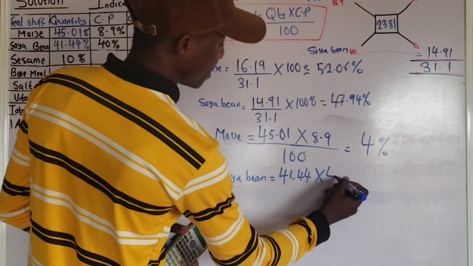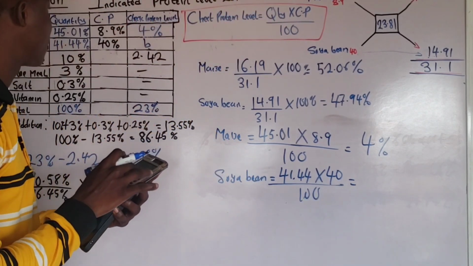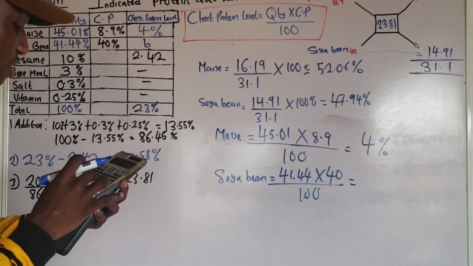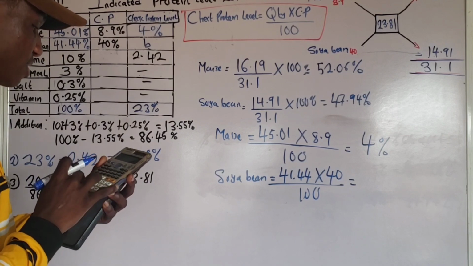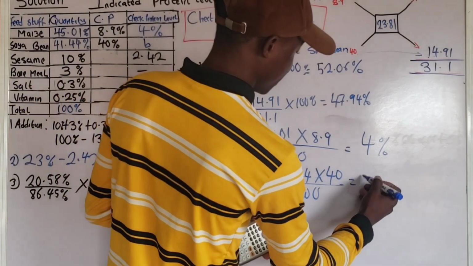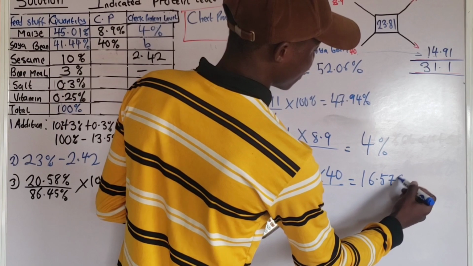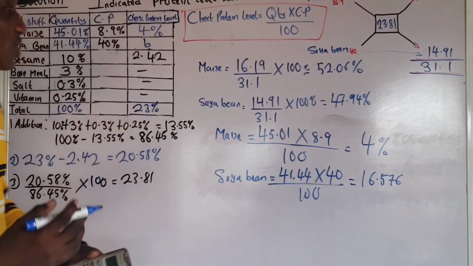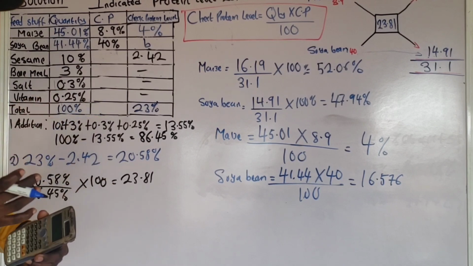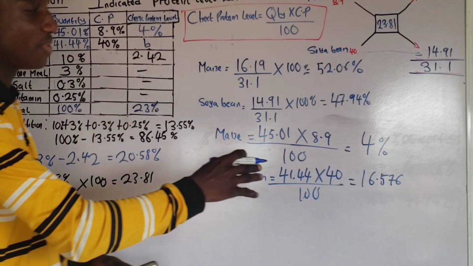So I'm going to have here 40 all over 100. 41.44 multiplied by 40 divided by 100, that is 16.576. Let me just put it at 16.576, because if I approximate, you're going to discover that by the time we sum all the values of the crude protein together, it is going to be higher than 23%. So just leave it in 3 decimal places.